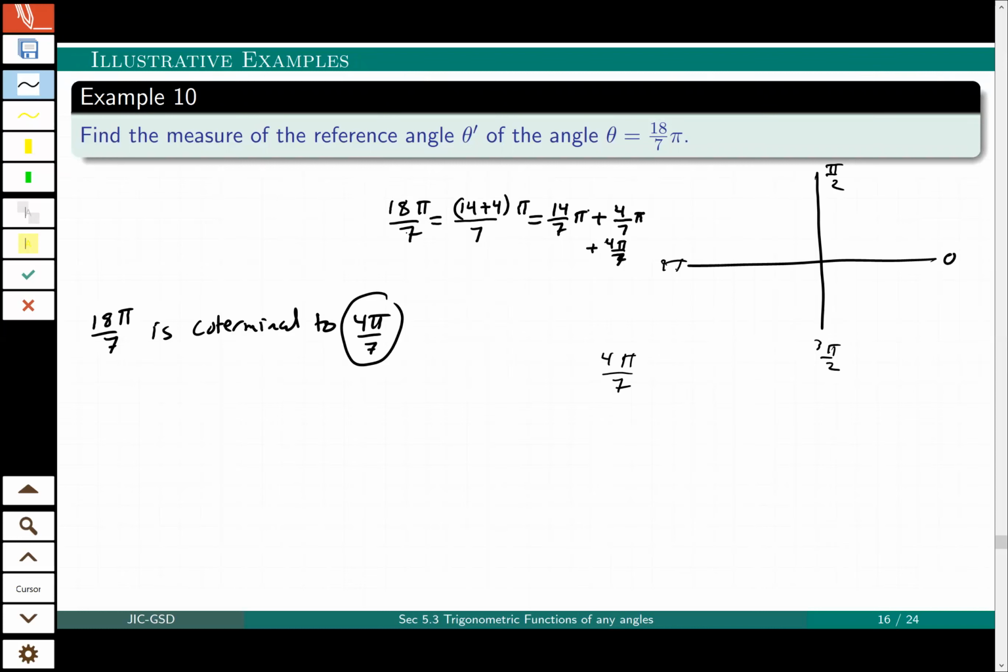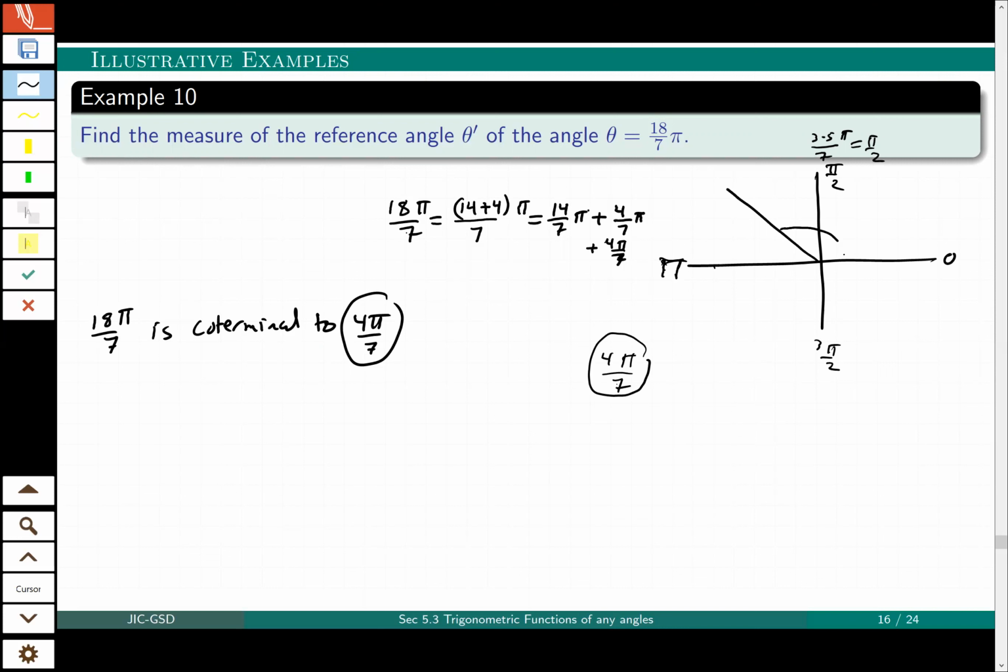Definitely it is smaller than pi, because if we want to make it pi, we need to have 7 over 7. So it's smaller than pi. It's more than pi over 2. Why it's more than pi over 2? Because I will get pi over 2 if I have 3.5 pi over 7. That will be pi over 2. So I am in the second quadrant.